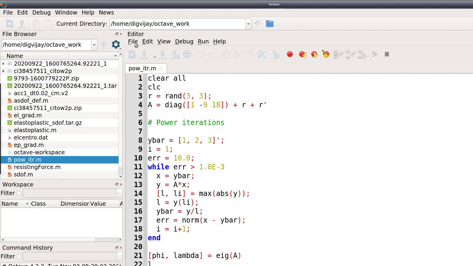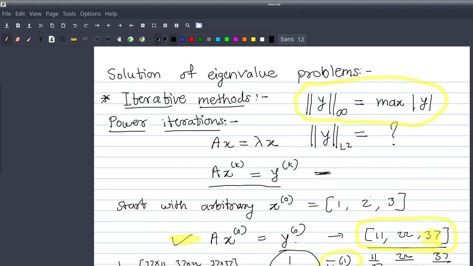Sir, what is this x? Can you please say x equal to y bar? Is it the vector divided by its magnitude? X is equal to y bar. This one, y bar, is the initial value. So here you see x0 is nothing but y bar, the initial y bar, y bar 0, you can say.